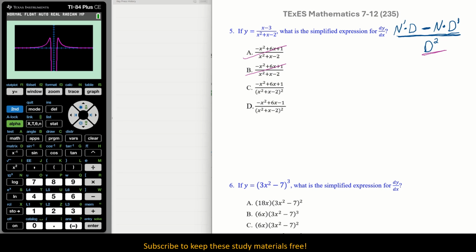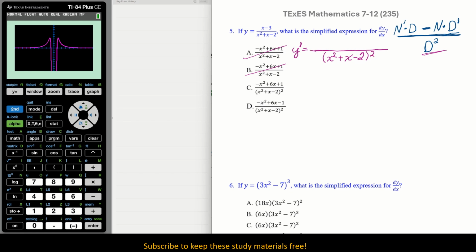What should that be in the end? So let's start writing this out. We know that y prime should equal x squared plus x minus 2, squared.